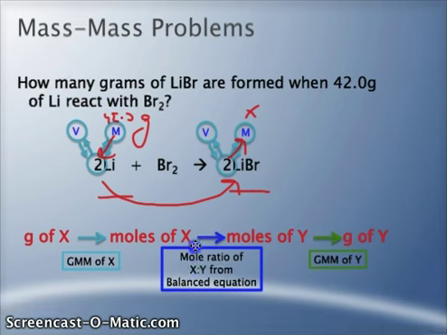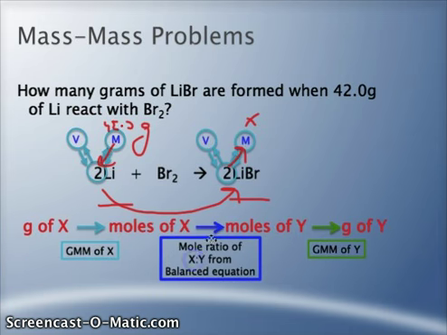In this case, here is how you would do the problem. You would start with, so the question is how many grams, so how many grams of LiBr, that's what you're looking for, are in, and you're starting with 42.0 grams of lithium.